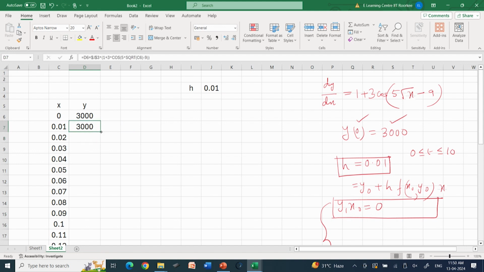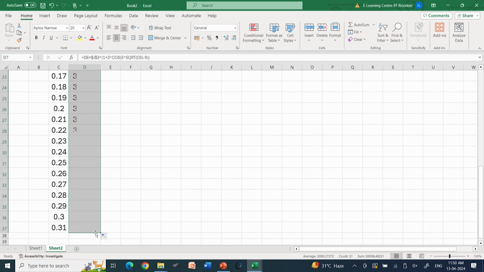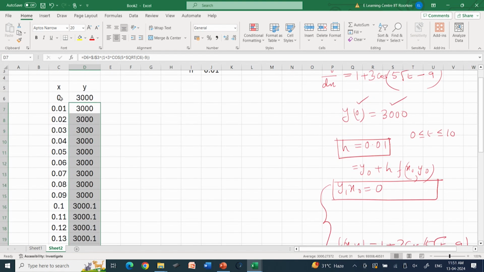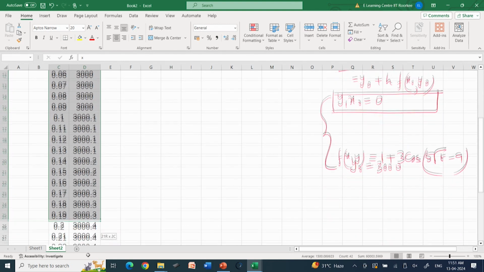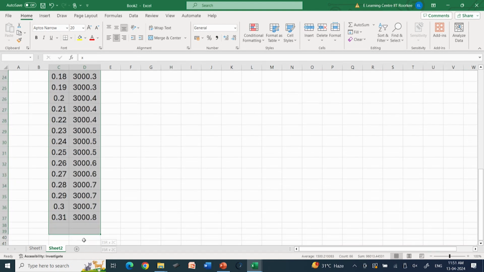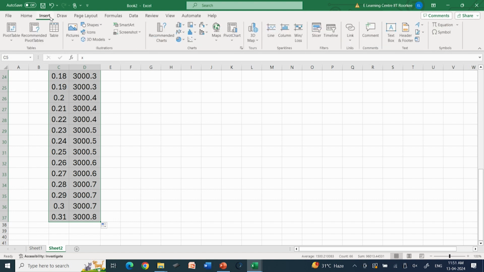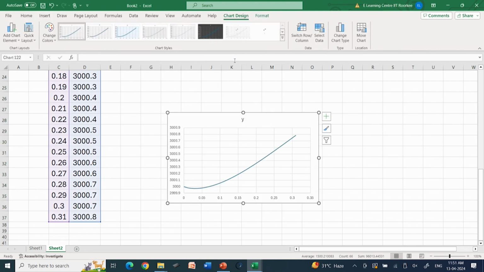So, then as I drag this, say up to this much, and it gives some values. So, now I have to plot them. I go to insert, I go to this curve and I plot them.